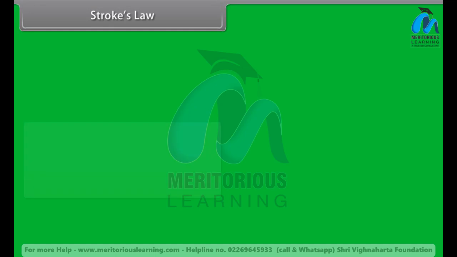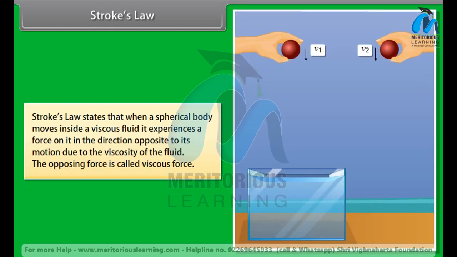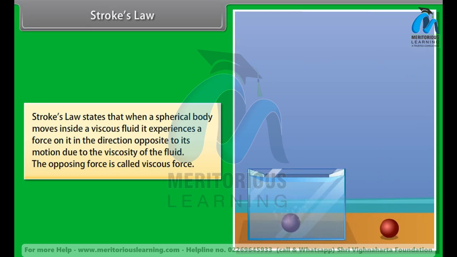Stokes' law. Stokes' law states that when a spherical body moves inside a viscous fluid, it experiences a force on it in the direction opposite to its motion due to the viscosity of the fluid. The opposing force is called viscous force.